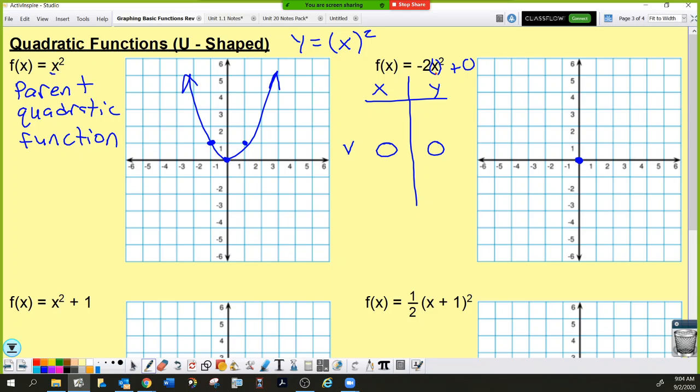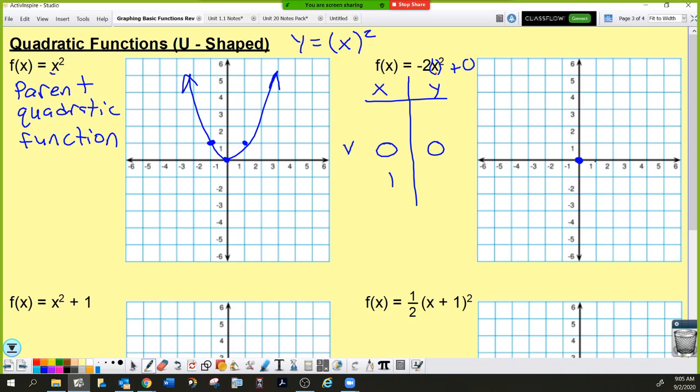You want to try to stay close to your vertex whenever you can. So could I plug in x equals 8? Of course I could. 2 problems, though. That's really far away from the vertex, and also that is off my graph. But the point is I could. You want to try to stay close. So since that negative 2 is not written as a fraction, we will move to the right 1. So the next x value I want to look at is x equals 1.